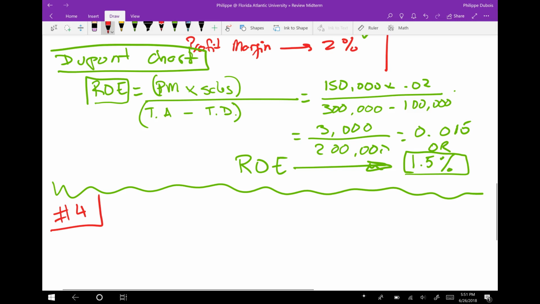Right, we did this already. All right, let's do one with both your balance sheet and your income statement.